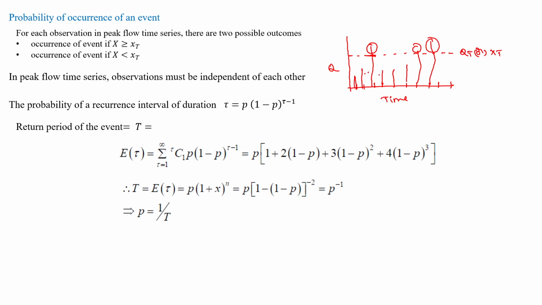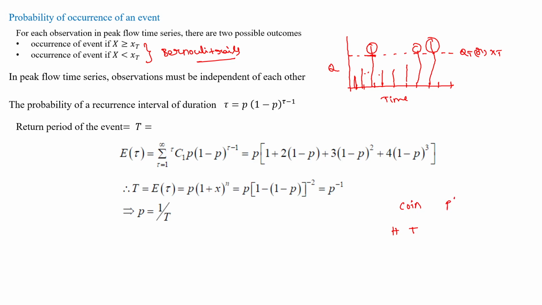So how can we do this? Suppose only two cases are possible. This is nothing but Bernoulli trials. You must remember this from your statistics subject. Let's say you have a coin. What are the outcomes you can get from a coin? Head or tail.